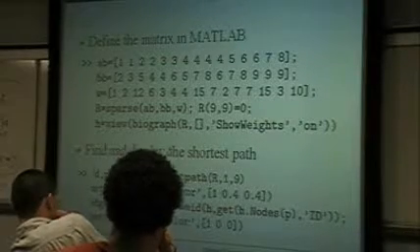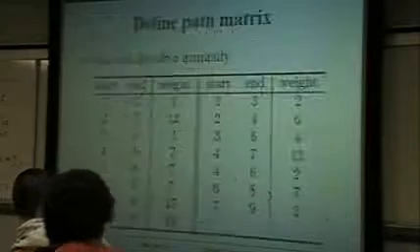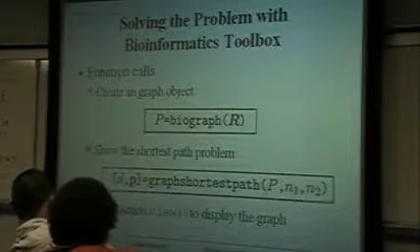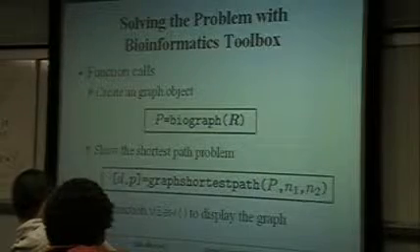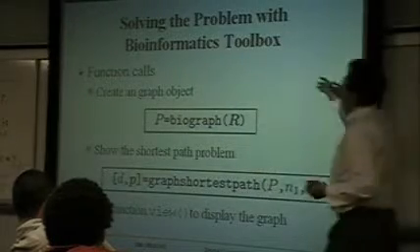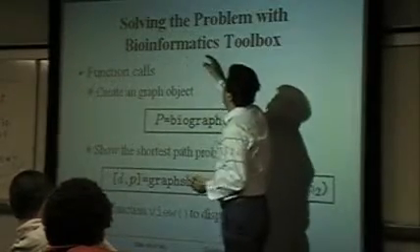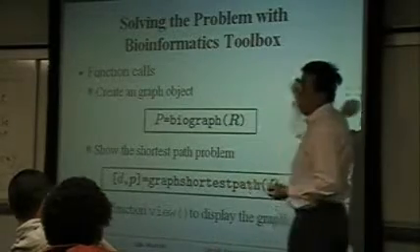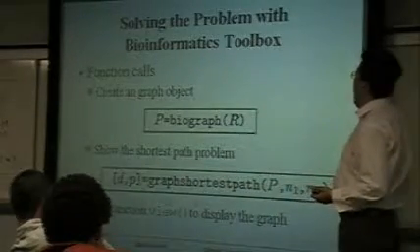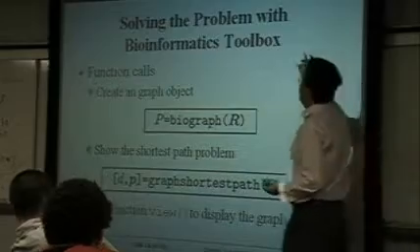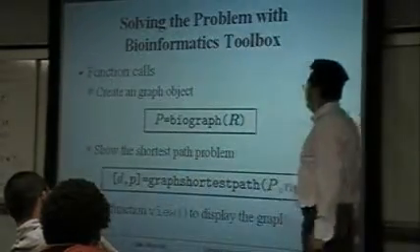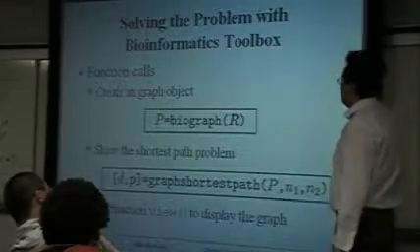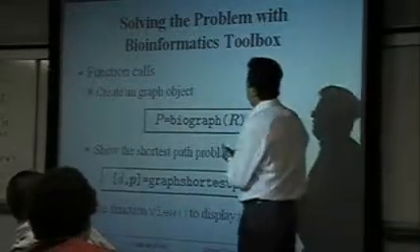And now, there are two ways to solve the shortest path problem. One is by the bioinformatics toolbox, which is a very new one in new versions of Matlab. You can use this toolbox to solve this kind of problem. In this toolbox, there are a few functions to be used.